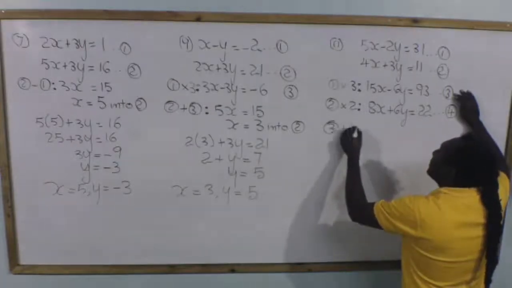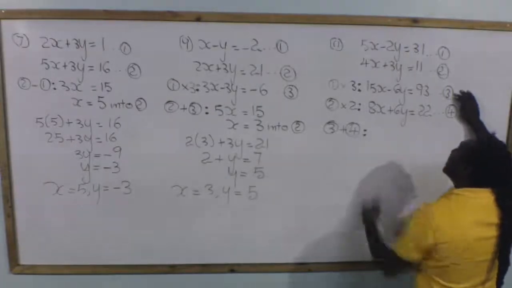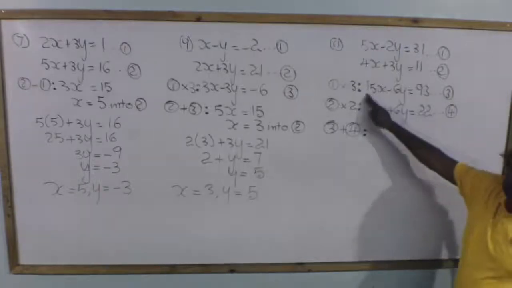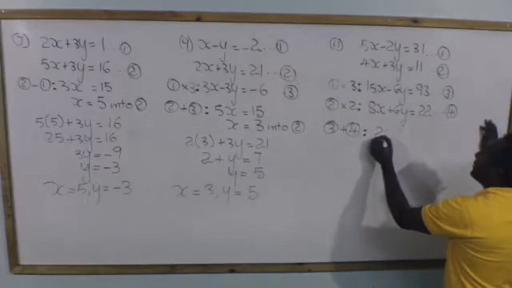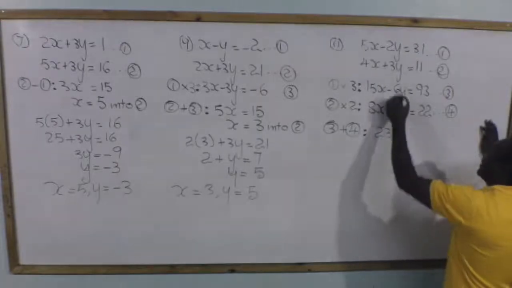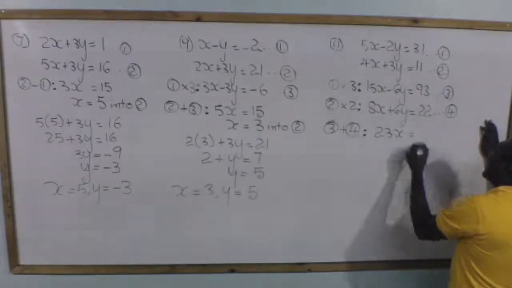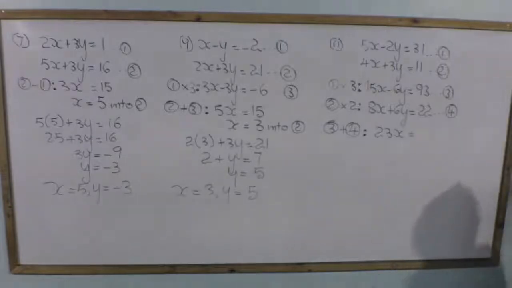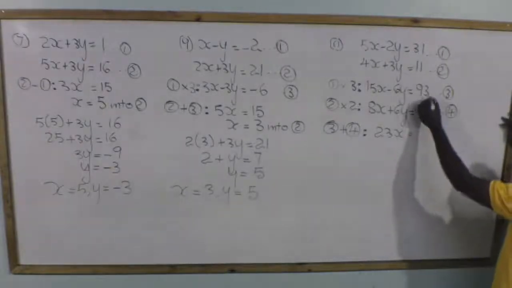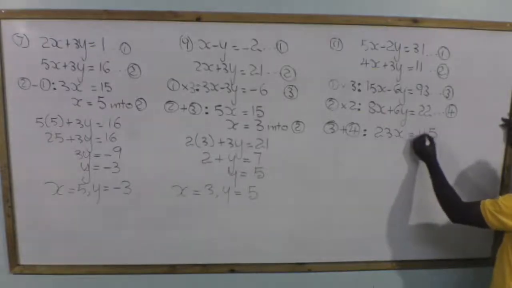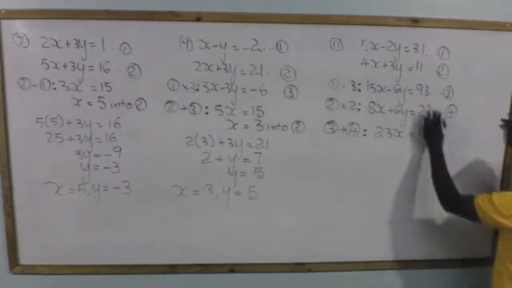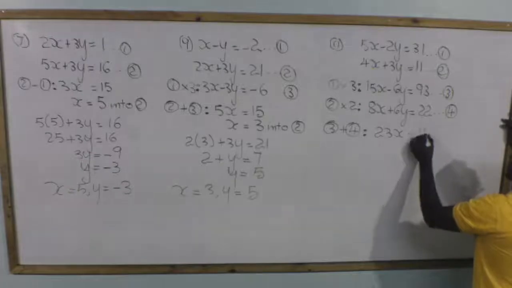Equation 3 plus equation 4, and what will we get? 15 plus 8. So that will be 23x. The y's are eliminated by addition because they are additive inverses, and we'll get 115. That's nice.